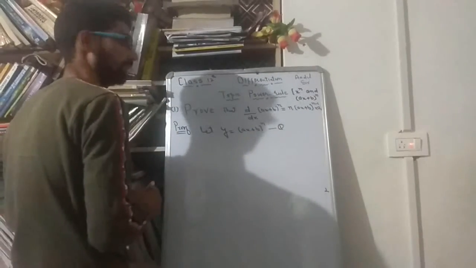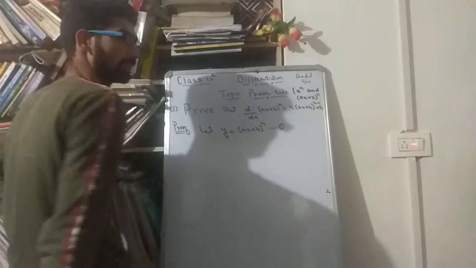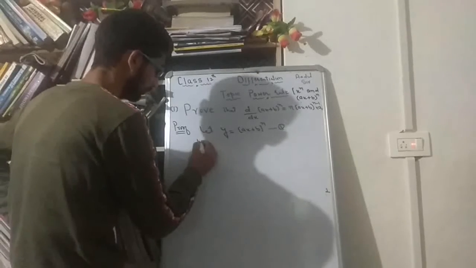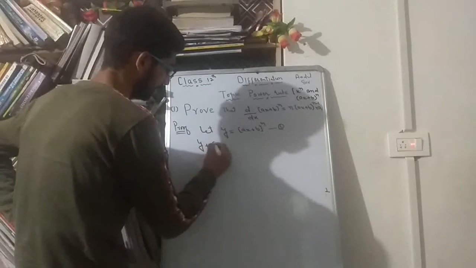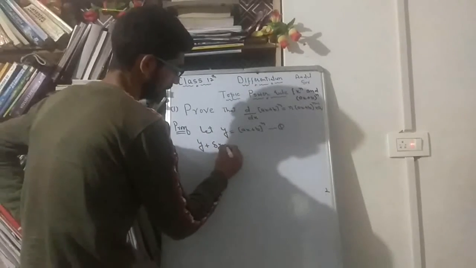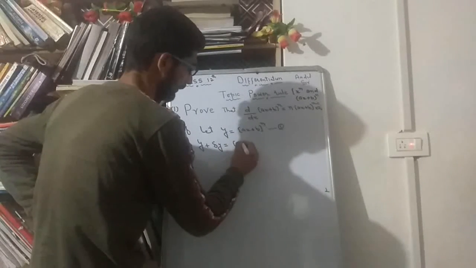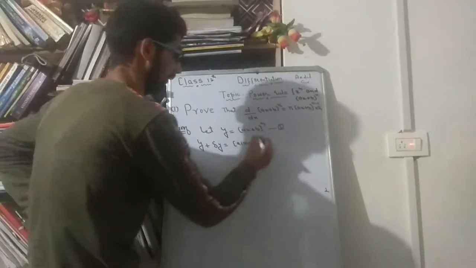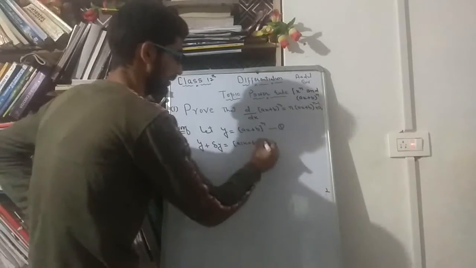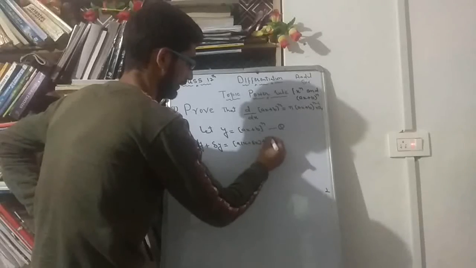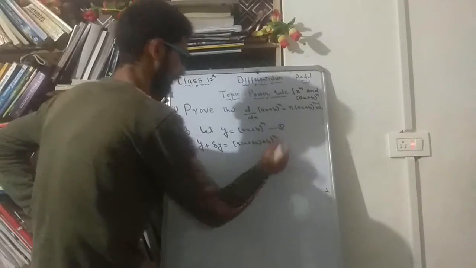Second step is to give the increment to both x and y. So we will denote the increment of y as y plus del y equals a times (x plus del x), plus b, to the power n.